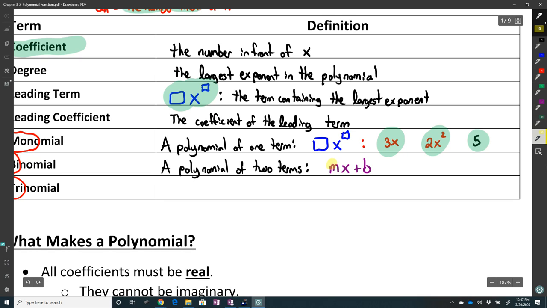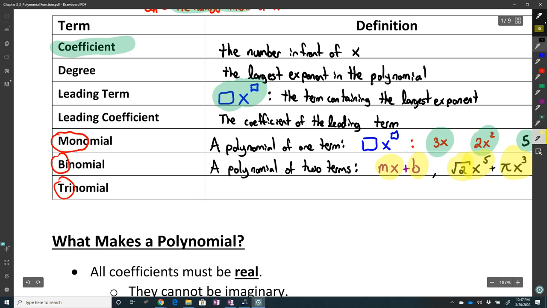You have term 1 and term 2. Right? But it doesn't have to be just that. I can make up another one. Square root of 2x to the 5th plus, I don't know, pi x cubed. So that's another example of a binomial because it's two terms separated by a plus sign.